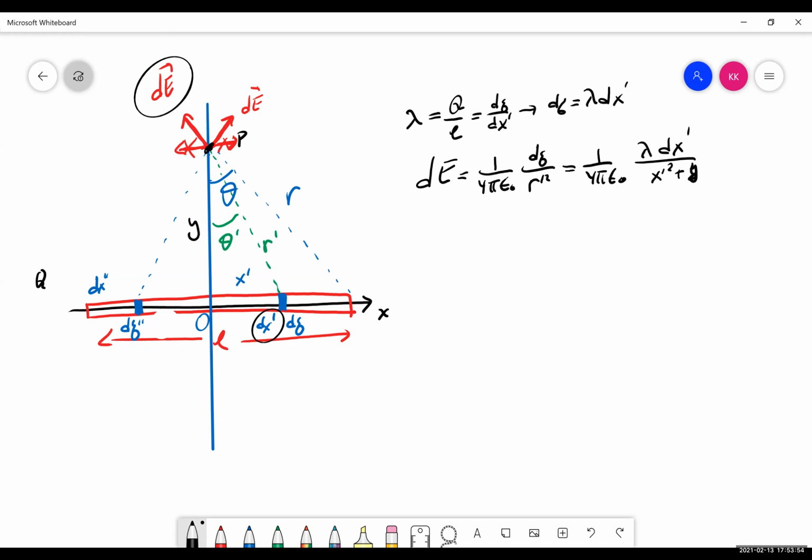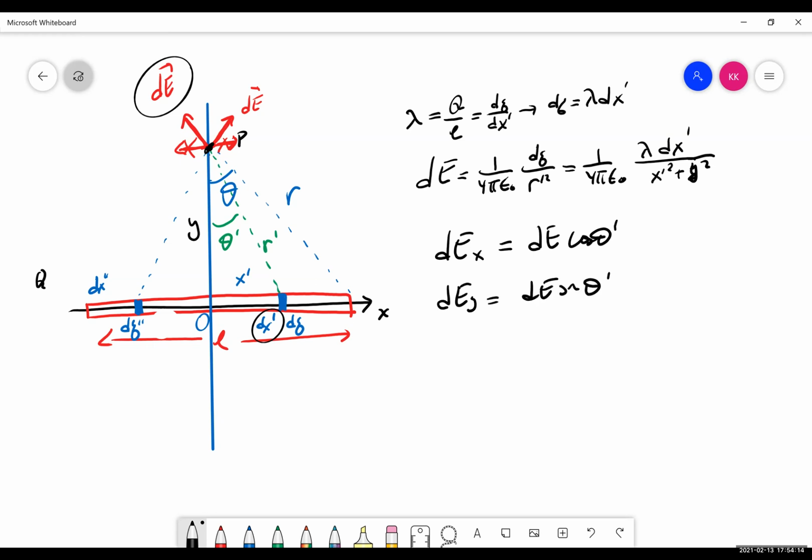So it becomes y square. That means this is my dE. All right, so then I can see that this dE can be broken down into x and y components, where the x component will be dE cosine of theta prime, and then dEy will be dE sine of theta prime.